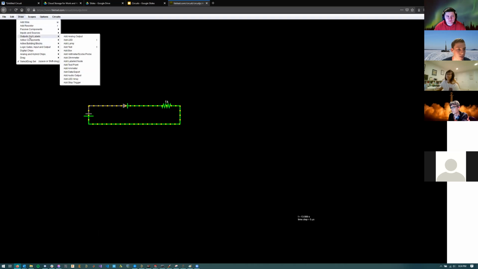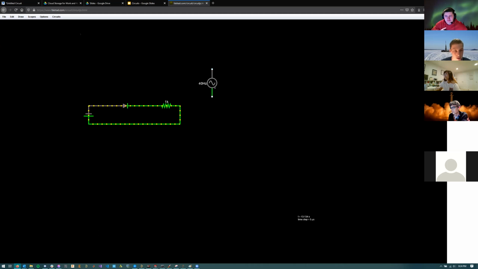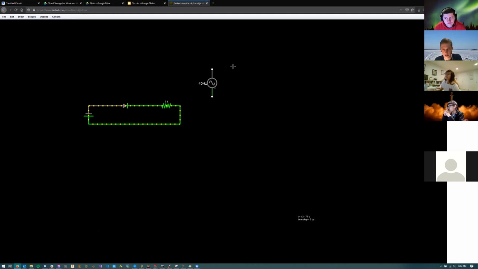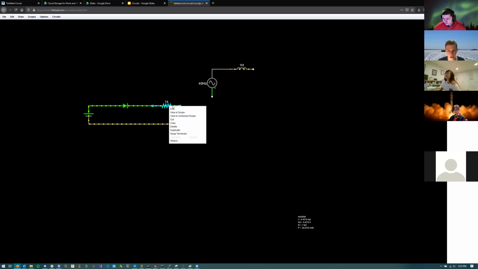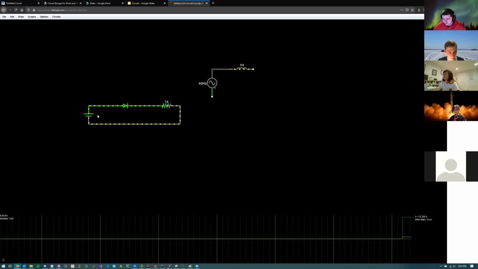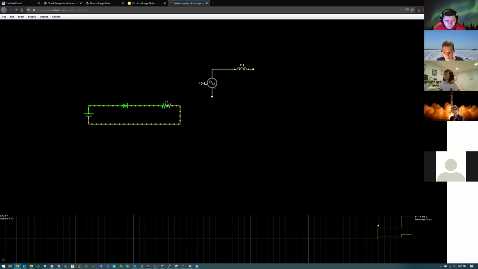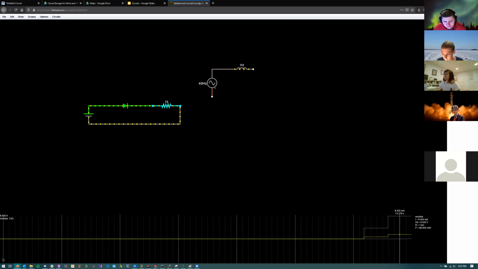So if we take an AC voltage source, a two-terminal AC voltage source, the easiest one to do this here, and we draw an inductor. This is a good circuit to do this in. So if we take this DC circuit and we look at the voltage on the resistor, what the heck?